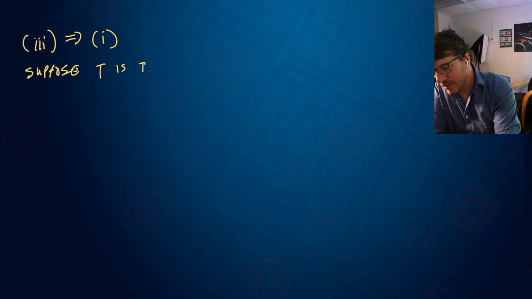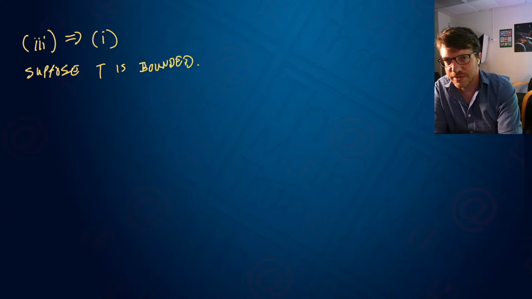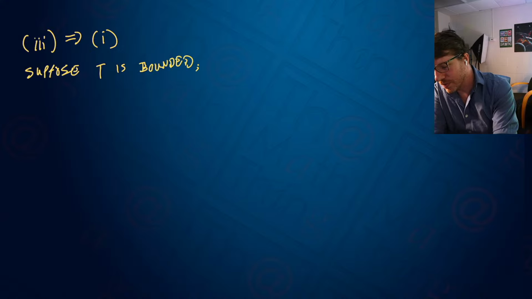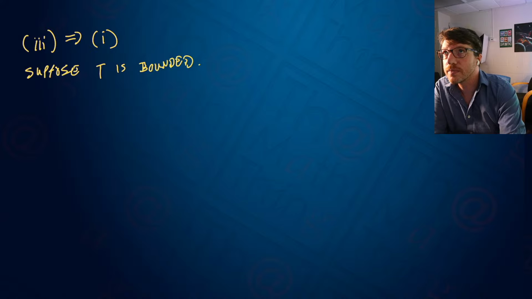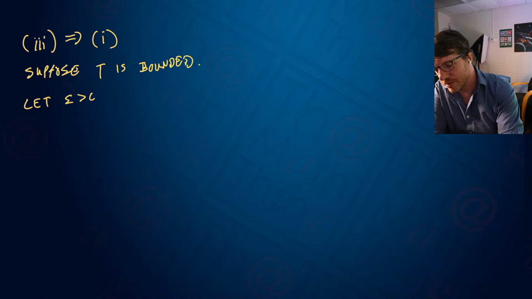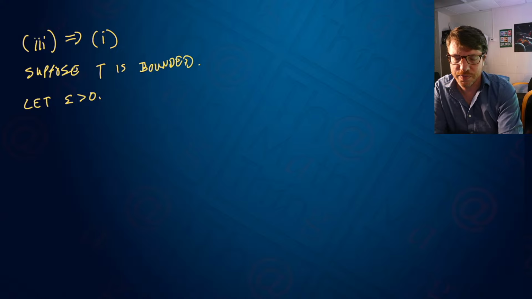All right, so we have: suppose T is bounded, and now we're going to get continuity. So we're going to let epsilon be greater than 0. And what we're going to try to do is, it's actually going to be uniformly continuous, to be perfectly honest.